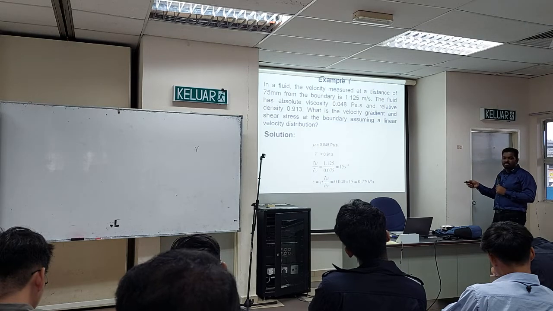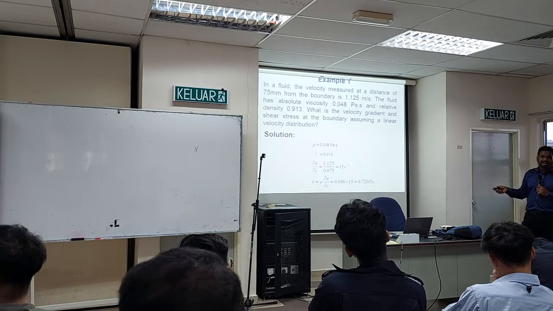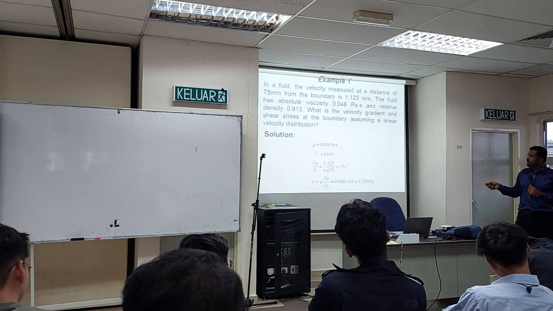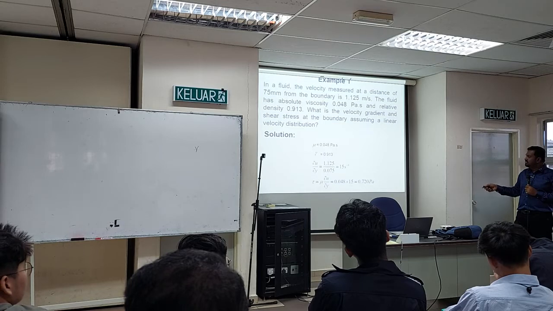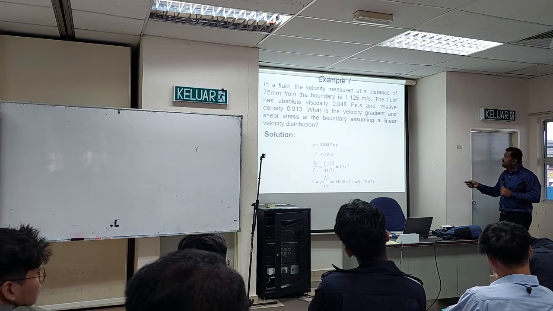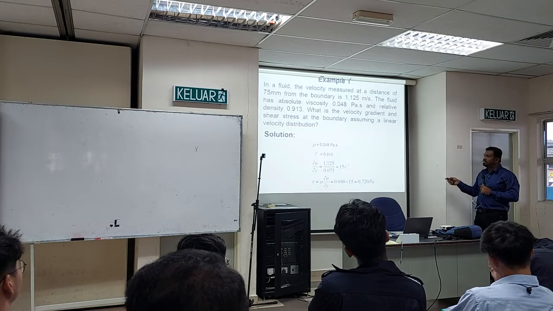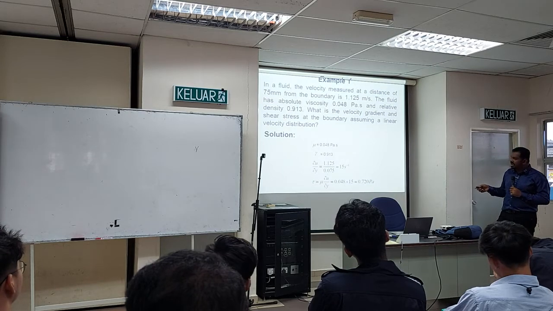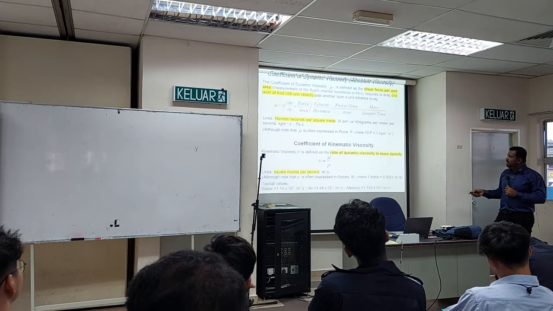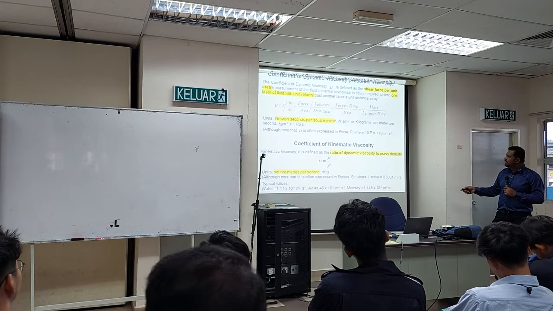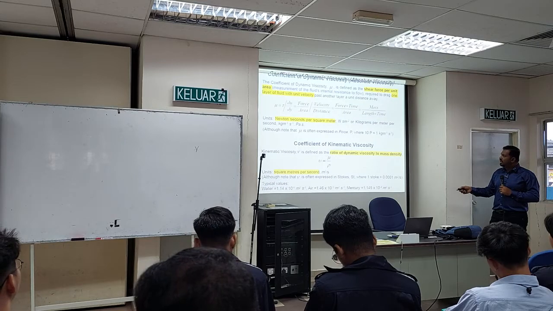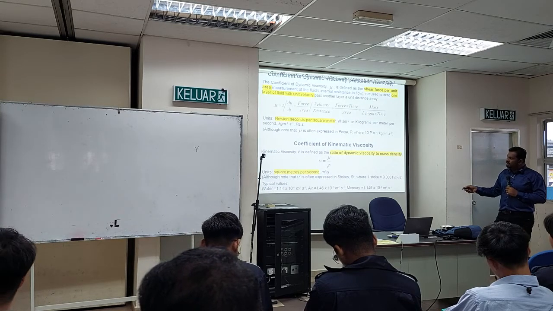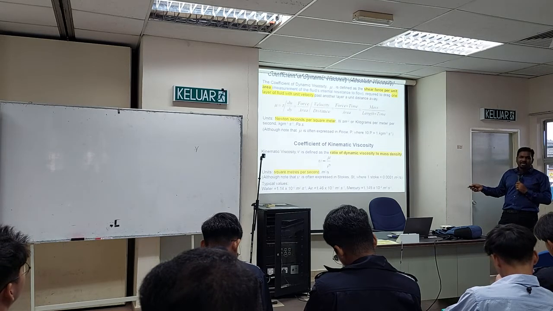The unit is given, and it is correct. Usually they will give it like this, unless they give all the other things and ask you to find the absolute viscosity, then you can calculate it. But the unit is usually the same. Pascal second, or as we saw, Newton second per meter square, or kilogram per meter second, but we usually use Pascal second.